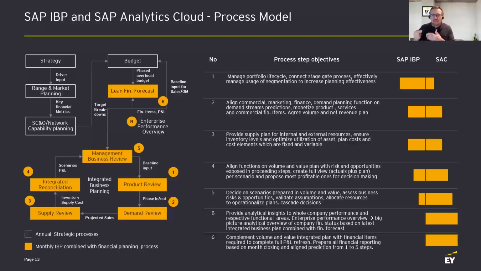Taking the best of those tools has to be planned accordingly. So we take the best of SAP IBP and its statistical forecasting engine, and we take the best of SAC to plan your revenues through the value driver tree, stories, and also the predictive function embedded there.